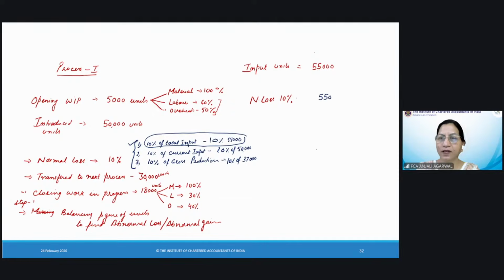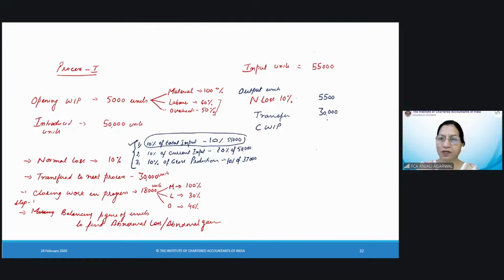So now we start looking at what is happening to the output units. 5,500 went in the normal loss, transferred to next process. How many? 30,000. And closing work in progress.